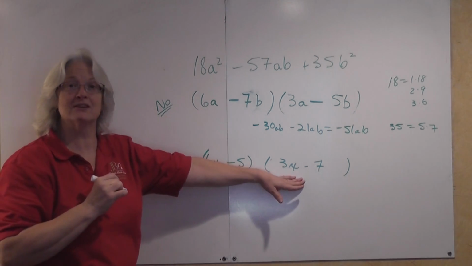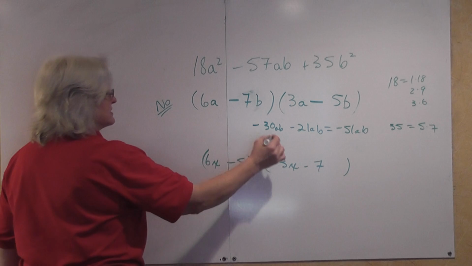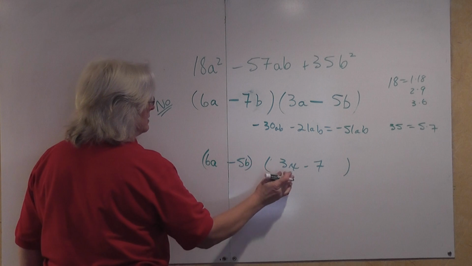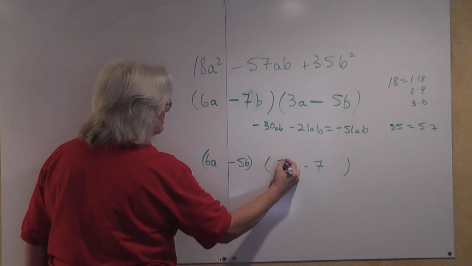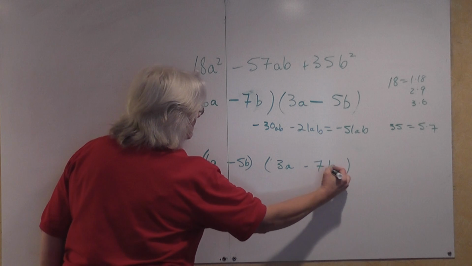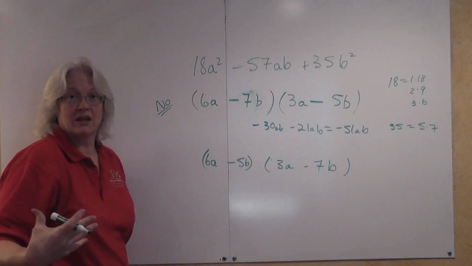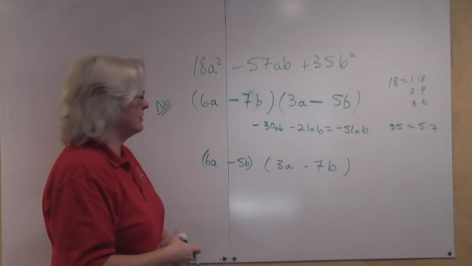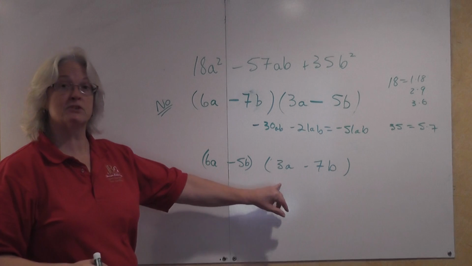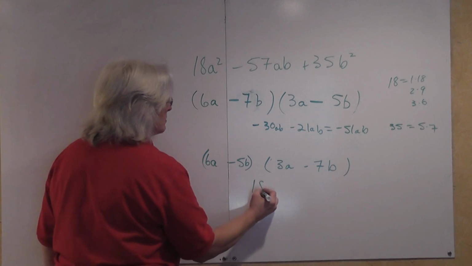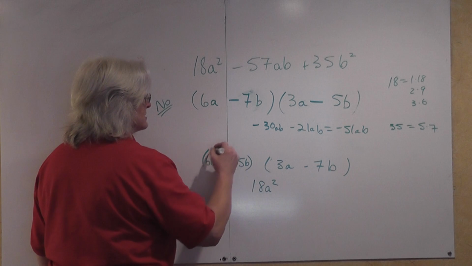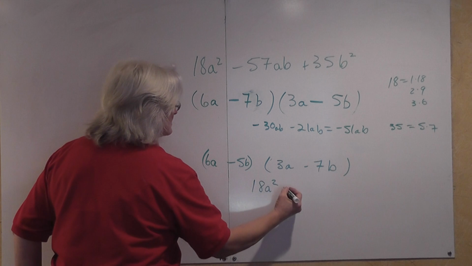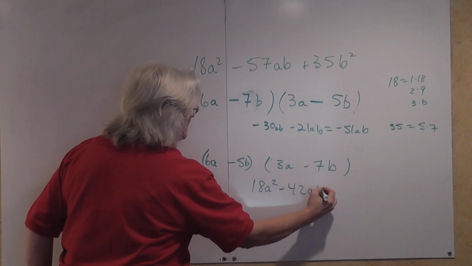What happens with this arrangement of factors? 6a minus 5b, 3a minus 7b. You get so accustomed to using x as the variable for anything, if you slip too much into an automatic mode, you end up putting x's where they don't belong. 6a times 3a, 18a squared. 6a times a negative 7b, negative 42ab.